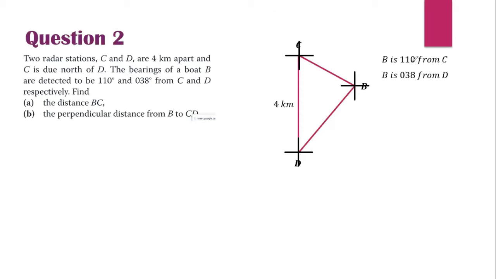B is 110 from C means north C to B is 110. Okay, B is 110 from C, means we have to measure it from north C to B is 110, right? 110 here.